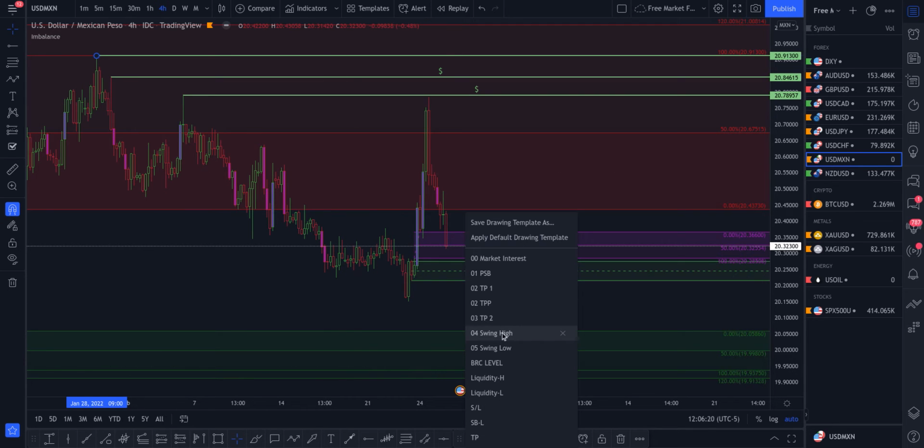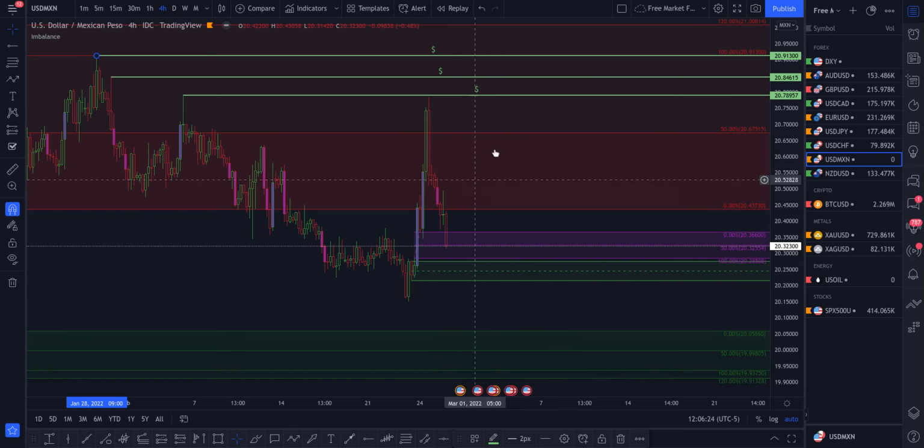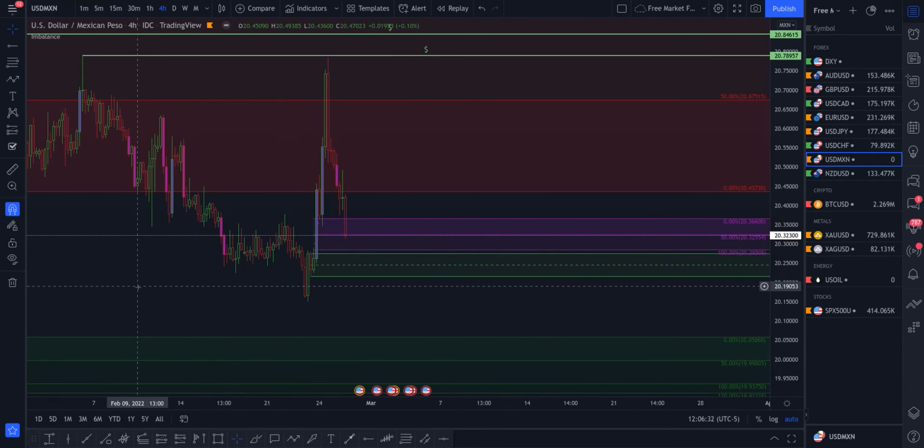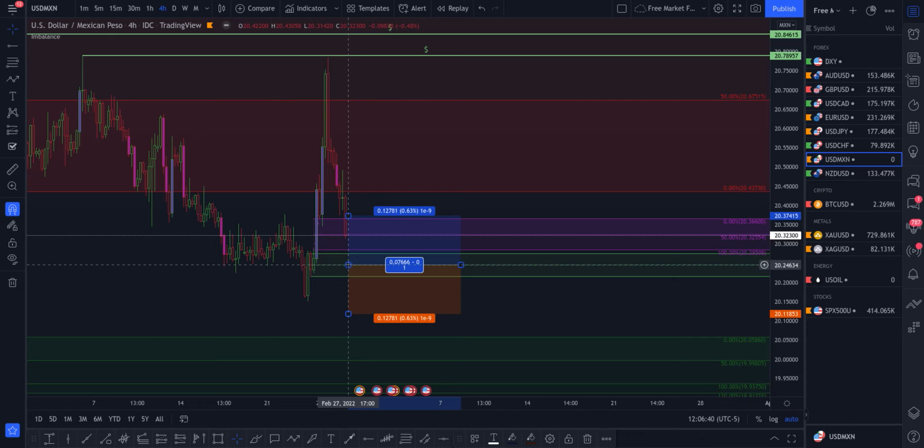So we could see it play back here for the liquidity, but not for actual zoned orders. Okay, so I will be looking for maybe taking this trade here if it gives me my confirmation pattern.